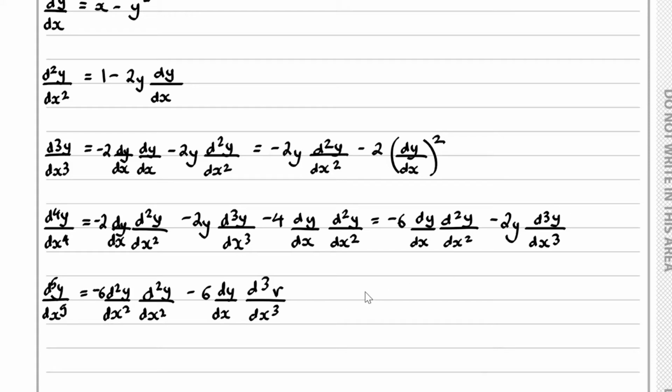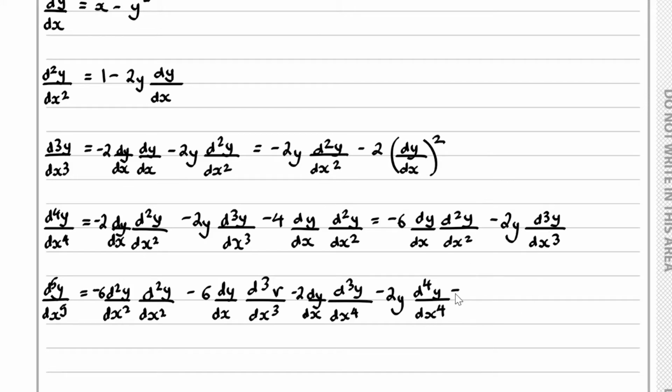So we have v, which is d cubed y over dx cubed, times by u dash, so we have minus 2 dy over dx. So we have v u dash plus u times by v dash, so we have the differential of this, which is d4y over dx4.